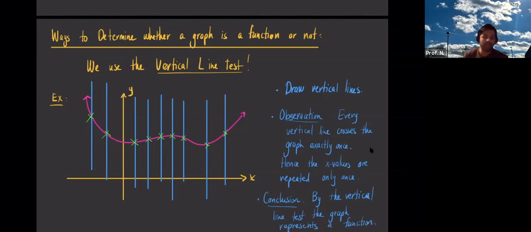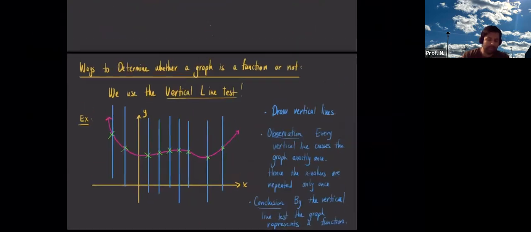So do you see how the vertical line test determines whether or not the graph is a function? Because the vertical lines are crossing the curve, these vertical lines indicate that only one x value at each of those points is associated with this graph. Because every line that we draw only intersects one time, that means that for every x value, there is only one y value. And because of that, we can say with certainty that this graph does represent a function.